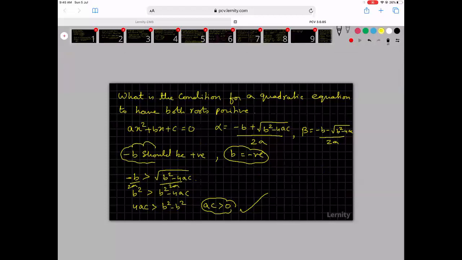Here it works out that minus b by 2a should be positive. So if minus b by 2a should be positive, b by 2a should be negative. So as long as b by 2a is negative and ac is greater than 0, both the roots will be positive.